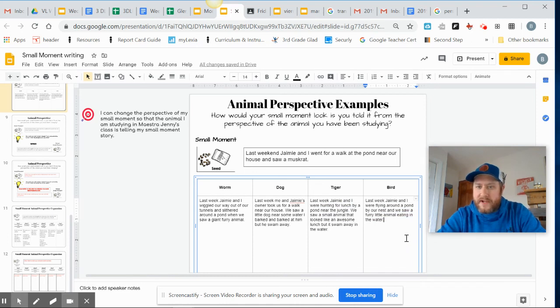So I wrote: last week, Jamie and I were flying around a pond by our nest, and we saw a furry little animal eating in the water. Okay, so again, I just changed the story just a bit. Instead of walking, we were flying. Instead of near our house, we were near our nest because that is what birds live in. So that's a fact about a bird that we're putting into this made up story.